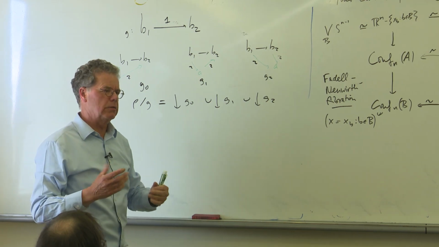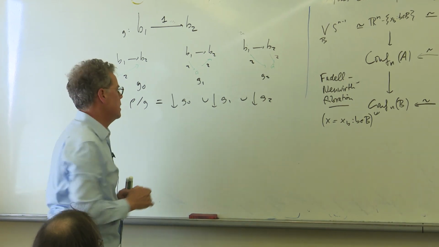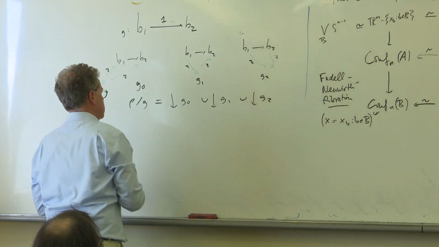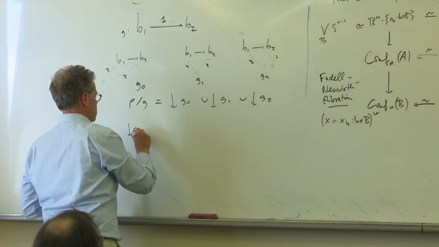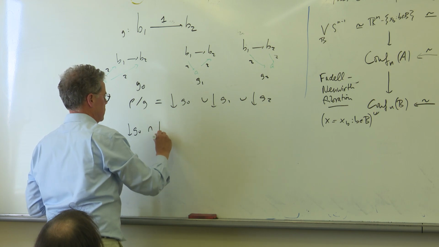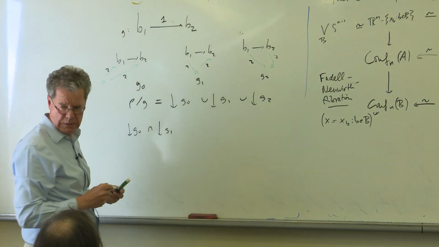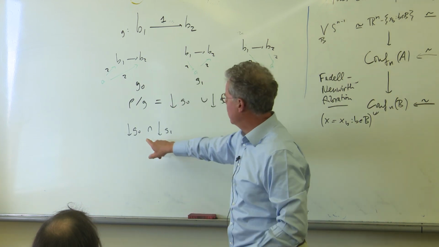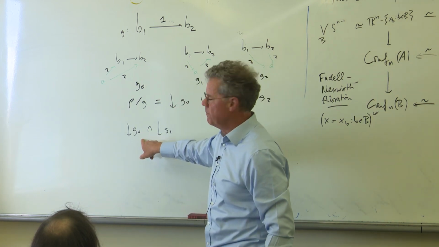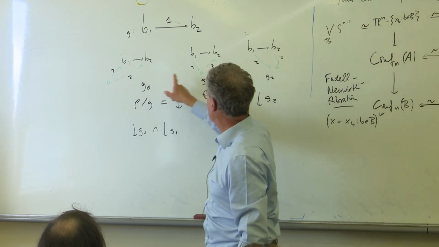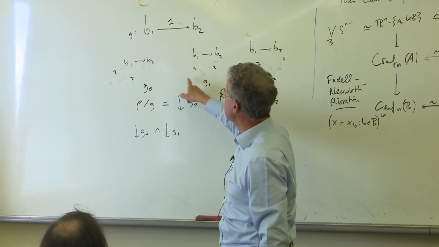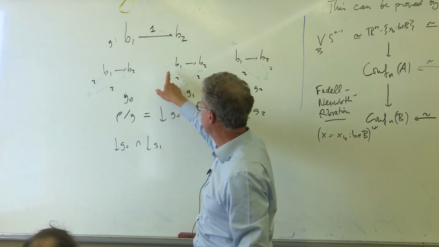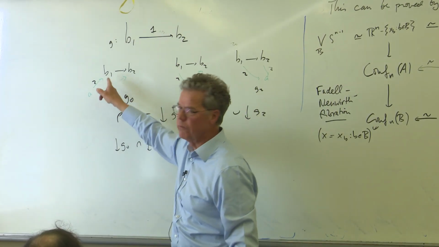Now, how are these contractible pieces glued together? So let's look at the intersection. Let's look at rho down G0 intersecting down G1. If you have a graph which is below this one, as well as below this one, something has to happen in the direction of the map from B1 to A, or A to B1.